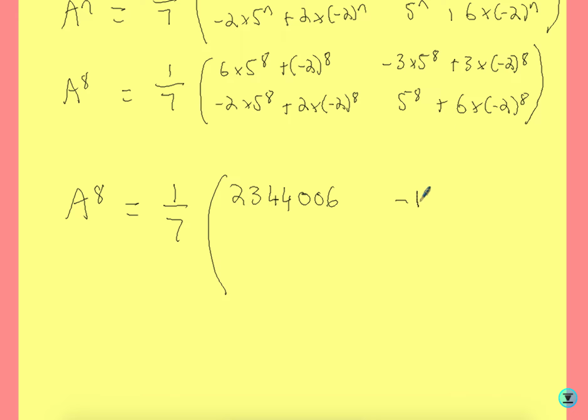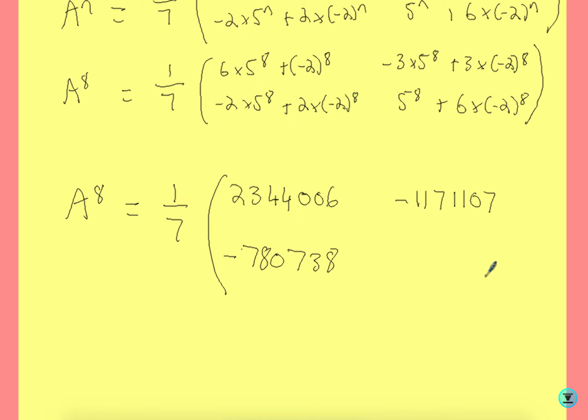So negative 117,1107. Negative 2 times 5 to the power of 8 plus 2 times negative 2 to the power of 8 is negative 780,738.